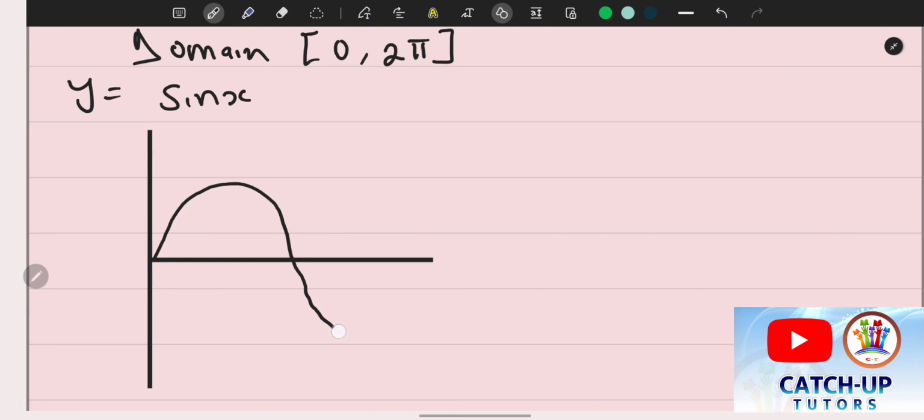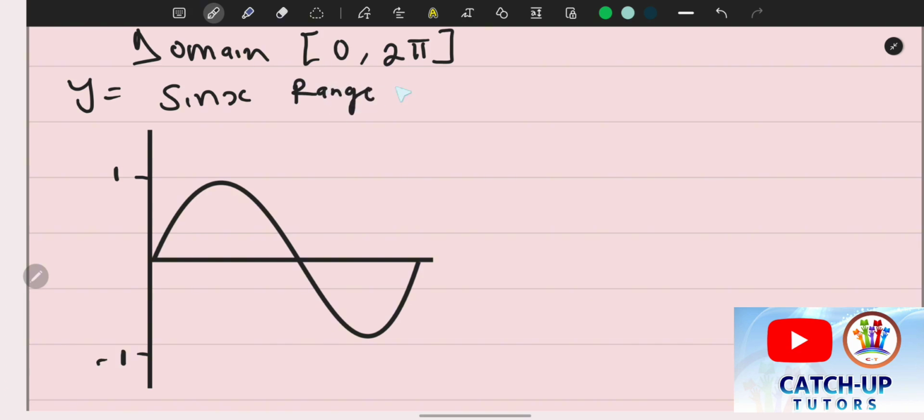Just note that the sine function starts from the midline, and you have a maximum of 1 and a minimum of minus 1, which implies that the range is minus 1 to 1. So this is for sine x.